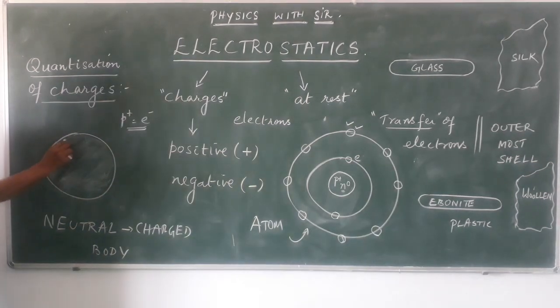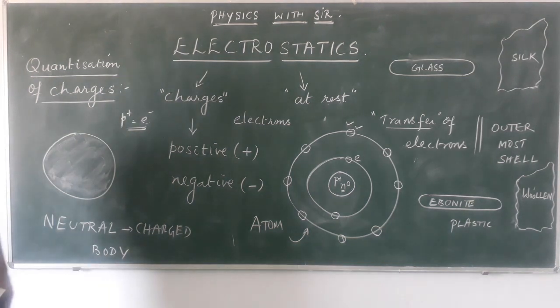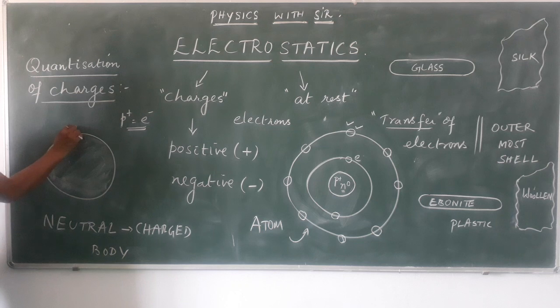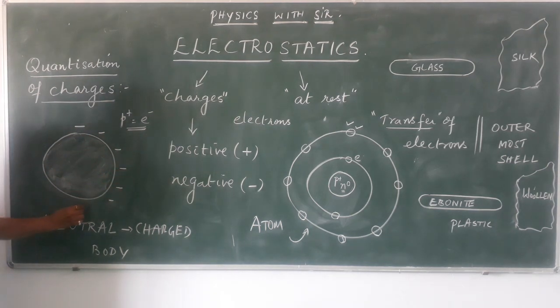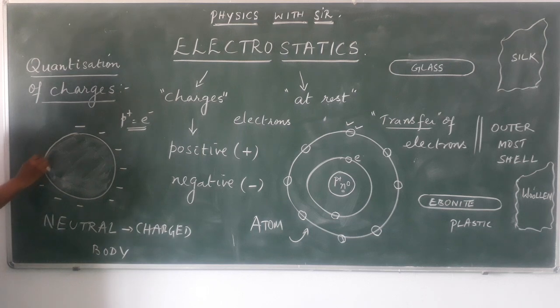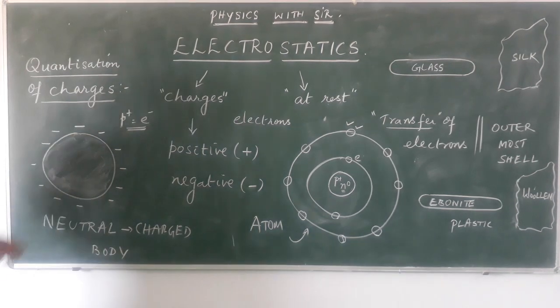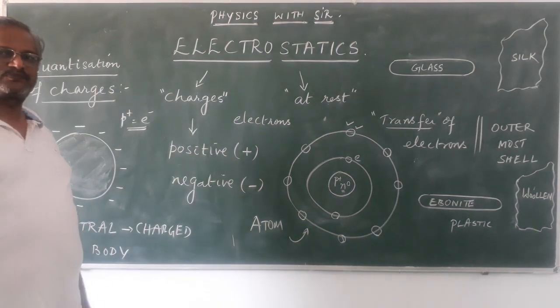I want this neutral body to be charged. So what should I do? I have to add electrons. When I add electrons, let us assume I add a few electrons to it, then the body will be negatively charged.